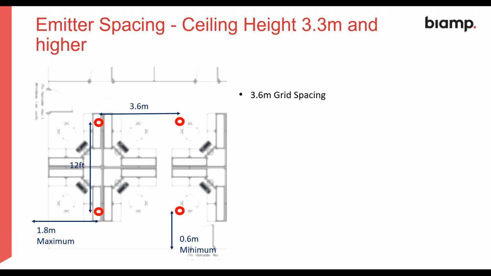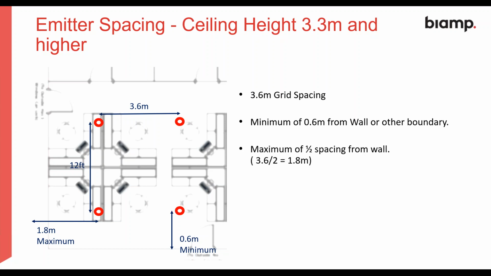The same for the highest category. So this is where we have a 3.6 meter grid spacing, and the same principles apply again. We have a minimum of 0.6 of a meter from the wall or another boundary. We have a maximum of a half spacing from the wall, so that is 1.8 meters maximum.